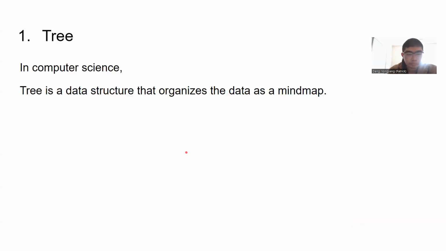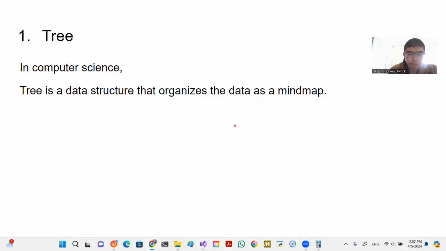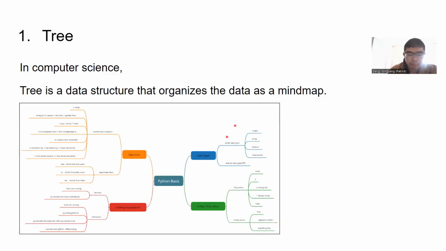For computer science, a tree is a data structure that organizes data like a mind map. For example, for our first lecture, I made a mind map. In the mind map, I have a root, and then several branches, and each branch also has sub-branches.